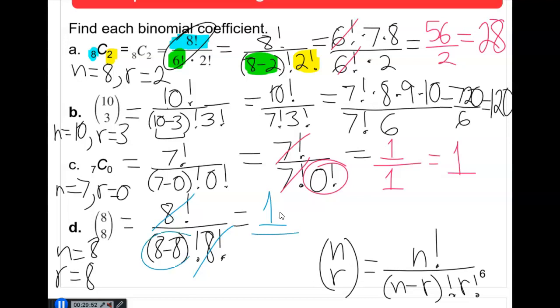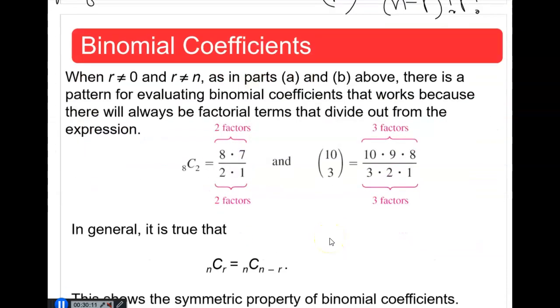And then from here, we will have 0 factorial because 8 minus 8 is 0. So this is 1 over 1, which is 1. And that was the same thing I was telling you on the previous slide. So our first and last binomial coefficient for any binomial expansion will always equal 1.